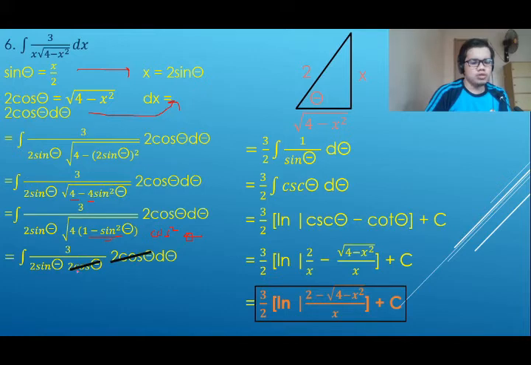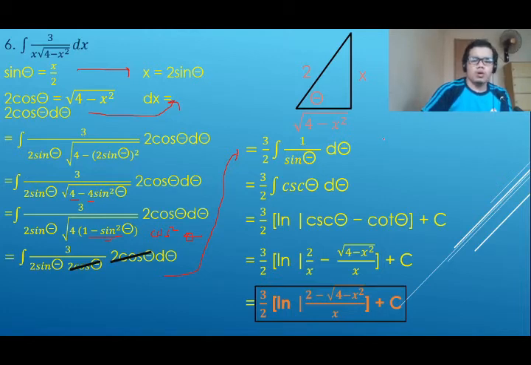Now we have the same terms in both numerator and denominator, 2 cosine theta, so we cross them out because they become 1. Now the equation becomes the integral of 3 d theta over 2 sine theta. 3 halves is a constant, so we place it outside the integral: 3 halves times the integral of 1 d theta times 1 over sine theta.